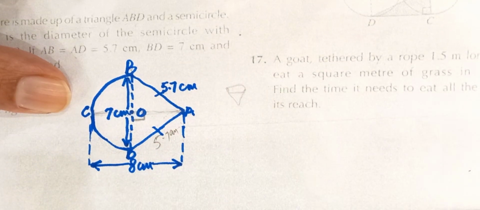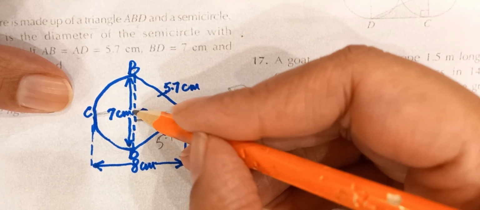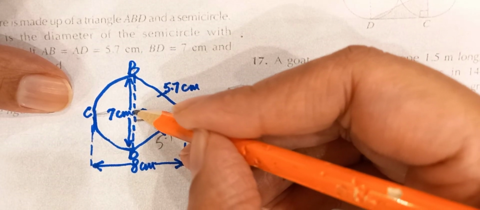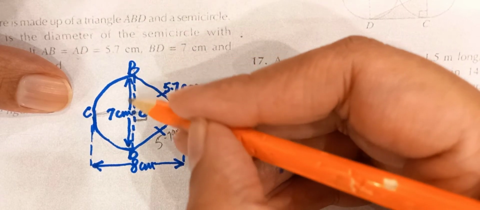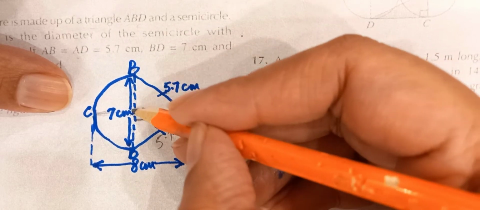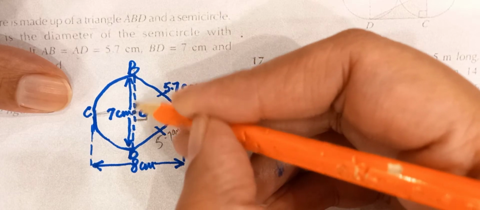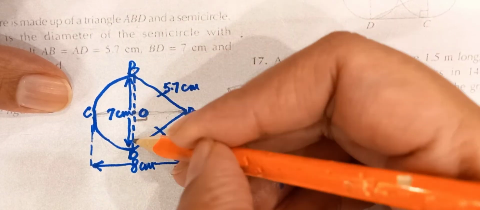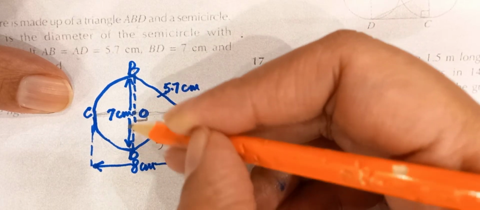Now one more thing which we have to identify, I have also already told you earlier that anything which starts from the center of a circle and reaches one side of the circle is the radius of the circle. And in a semicircle, a line starting from the center and reaching either part of the semicircle is radius.